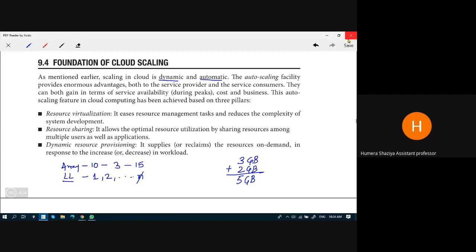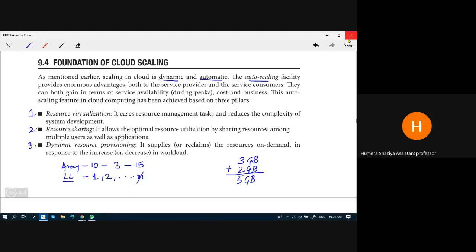And what makes cloud so dynamic? There are 3 features: resource virtualization, resource sharing, and dynamic resource provisioning. Due to these 3 features of cloud, the auto scaling facility can be implemented. How can it be done?